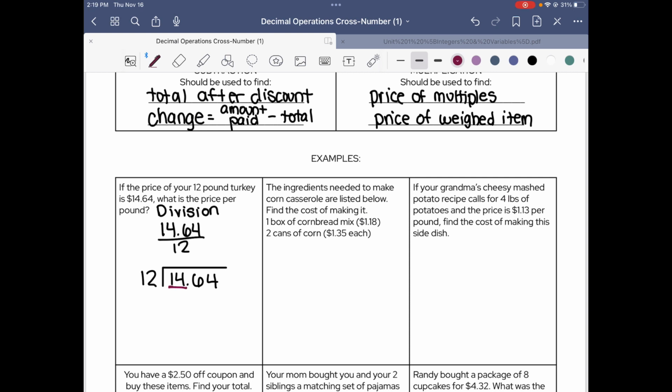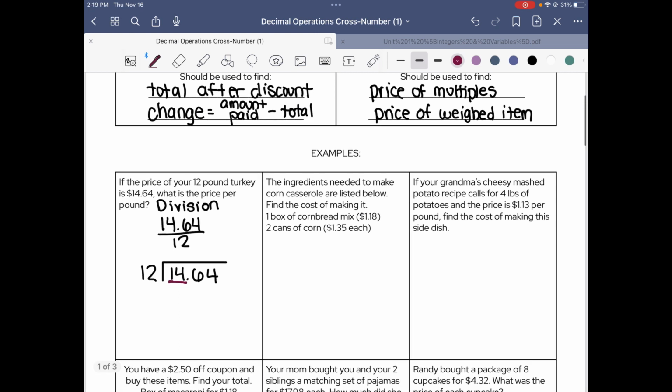This one's pretty straightforward, so I'm not going to pull up a multiplication chart just yet. Hopefully you know that 12 only goes into 14 once, and 12 times 1 equals 12. So write a 1 above the 4 on 14, and then we're going to subtract 12 underneath because 12 times 1 is 12. Now 14 minus 12 is 2, and you're going to go ahead and drop that 6 straight down.